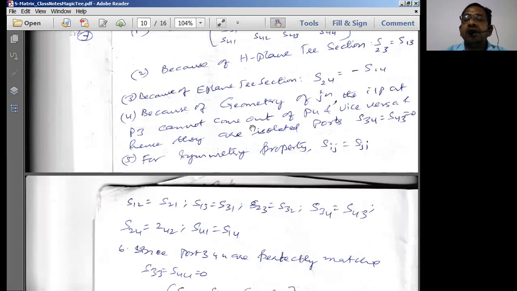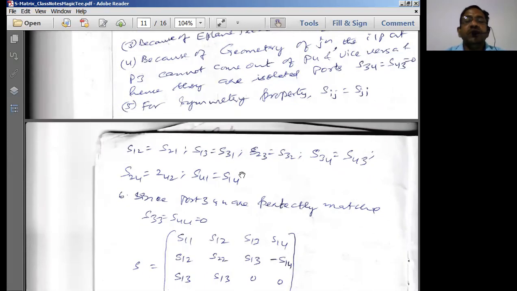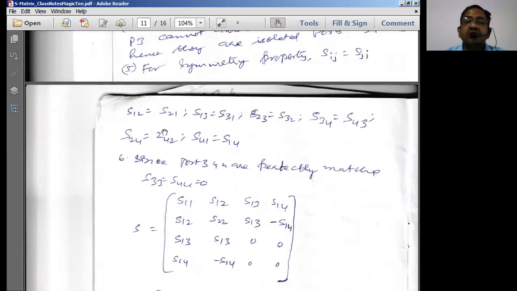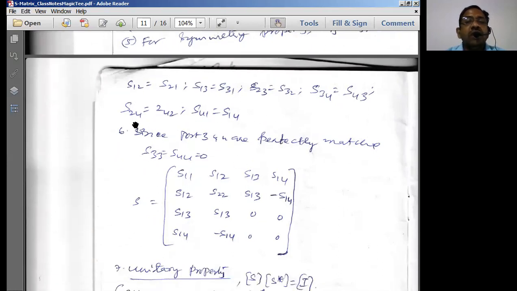Therefore, I can write S34 = S43 = 0 with that particular condition. For the symmetry property, Sij is equal to Sji. I equate all these symmetrical parameters here, and finally I'll get the 4-port S matrix like this.